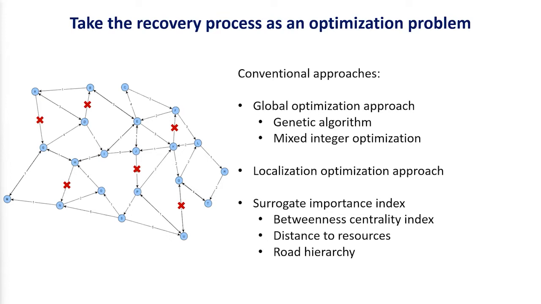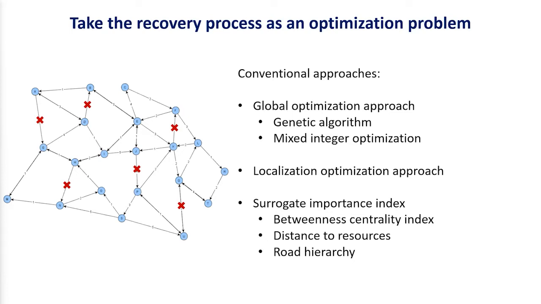We do have some approaches that already exist, including the global optimization approach, which tries to achieve the highest area under the curve, as you see from the last image. Some famous global optimization algorithms include the genetic algorithm and the mixed integer optimization algorithm.